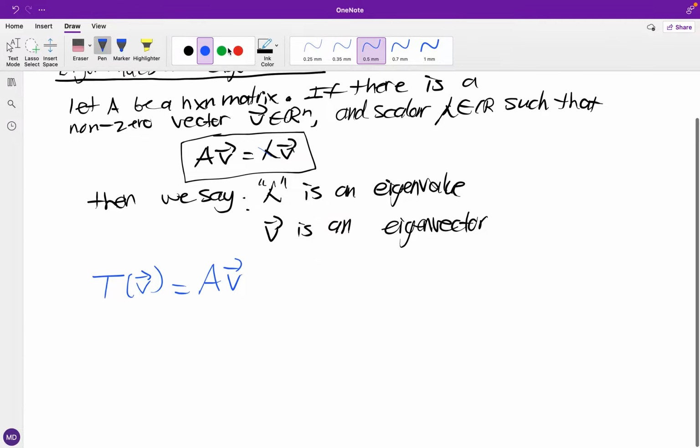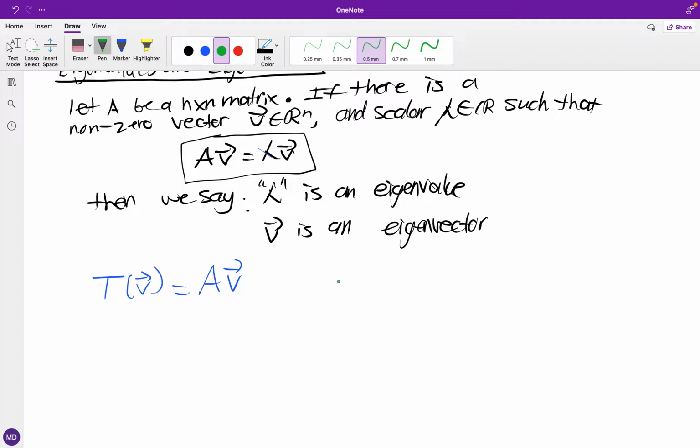So let's consider a transformation such as a reflection. Okay, so let's consider something like this. This will be our x1 axis, our x2 axis. If we take a reflection in the y-axis, then suppose we have some vector like this, right?